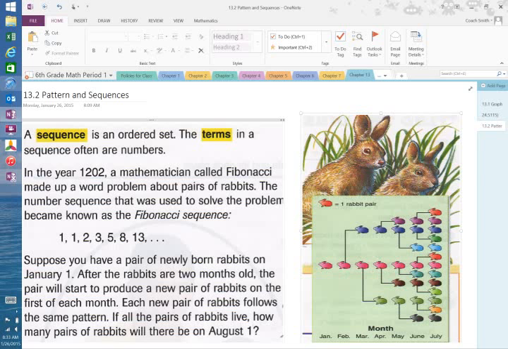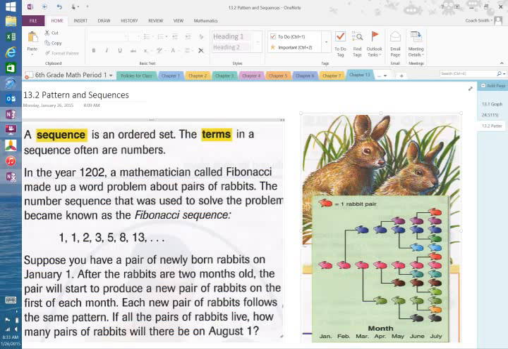So we're going to look at what Fibonacci looked at about pairs of rabbits. It says, suppose you have a pair of newly born rabbits on January the 1st. That equals one pair of rabbits, not one rabbit. Here's your little symbol up here: a rabbit picture equals one rabbit pair.